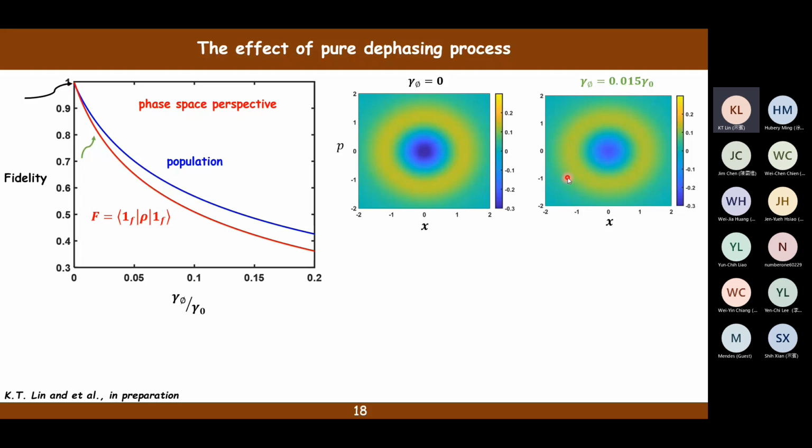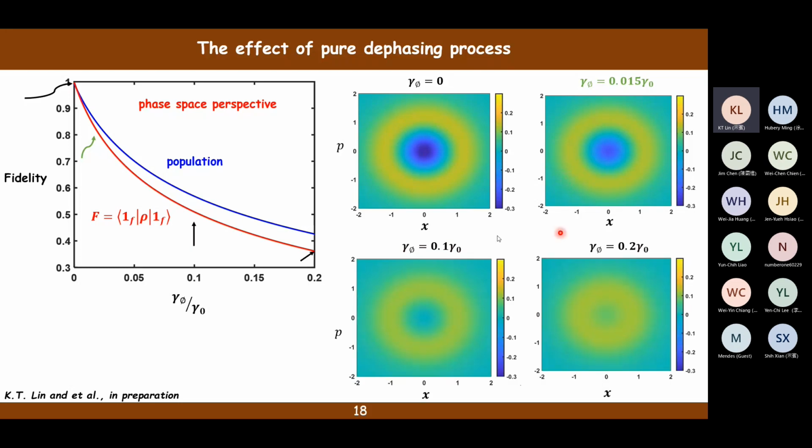This suggests that this state can be prepared by our experimental setup. And as we increase the pure dephasing rate, you can see the Wigner function changes from the single photon Fock state to the vacuum, the coherent state. So this kind of sign can help us to identify whether this desired state can be prepared or not. Okay.